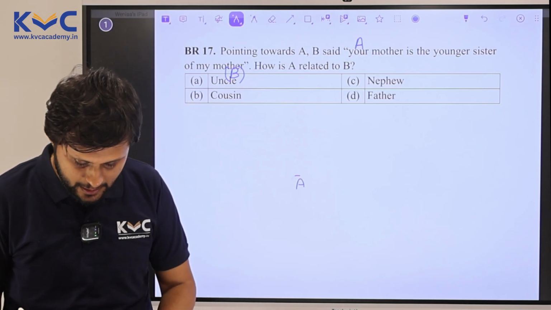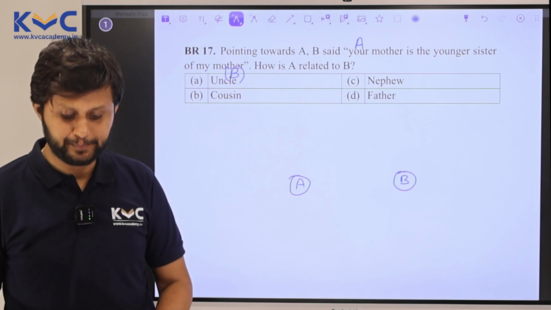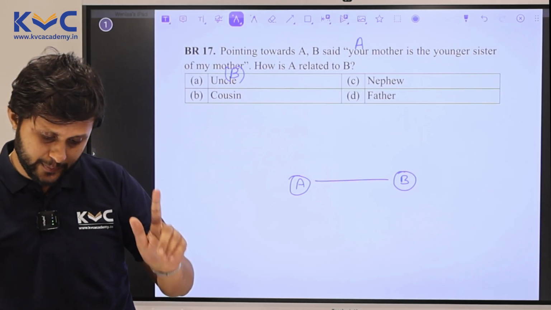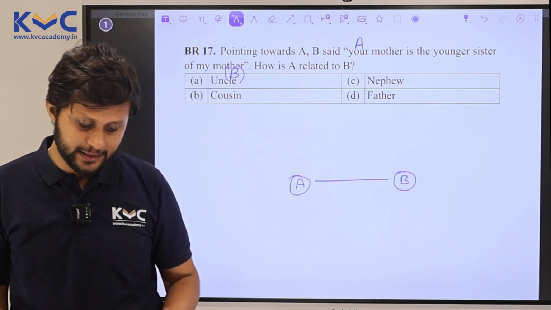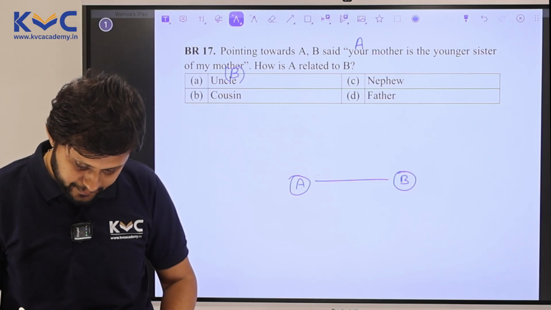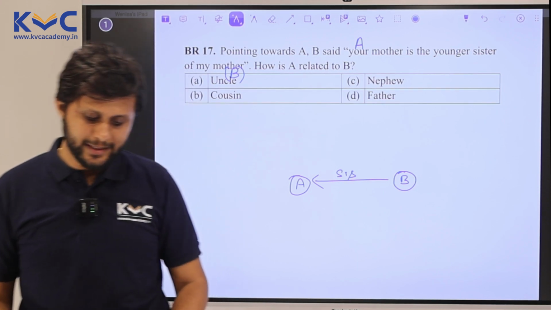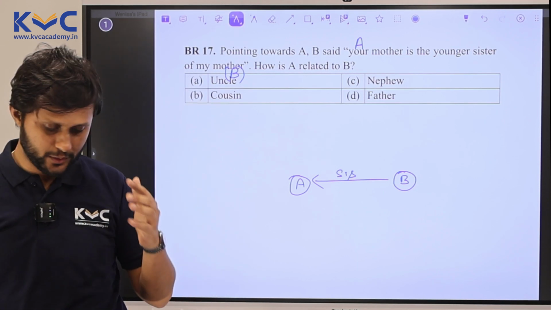So we have A, we have B. What are they? Sister. A's mother is younger sister of B. Sister. Correct? How is A related to B? Oh my god, the question is only so much.